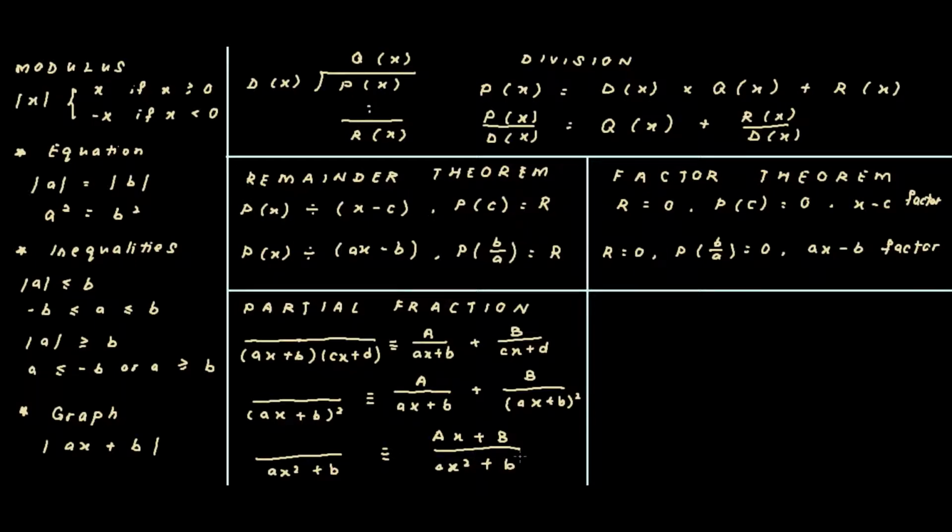This is not a good example, so let me write it in full: ax plus b, then cx squared plus d in the denominator. When you want to make it into partial fractions, you have one constant over the linear factor, and then the other one you need to write as a linear numerator, because your denominator is a quadratic, cx squared plus d.